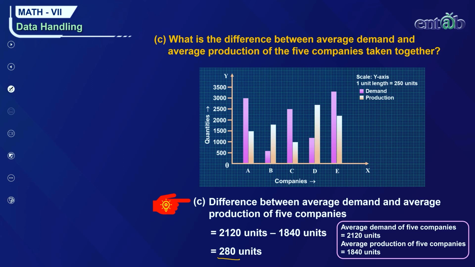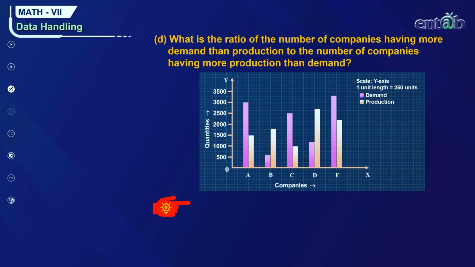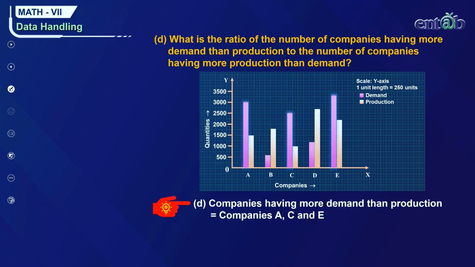Let's look at the next question. What is the ratio of the number of companies having more demand than production to the number of companies having more production than demand? Here we can see that companies A, C and E have more demand as compared to the production, right?